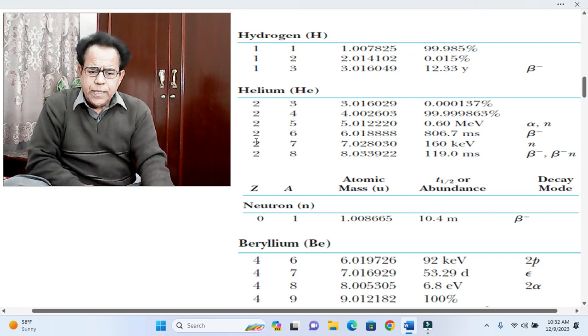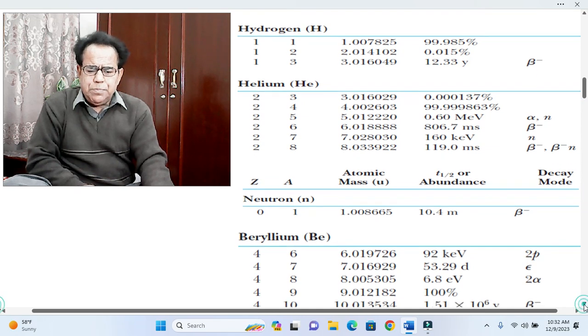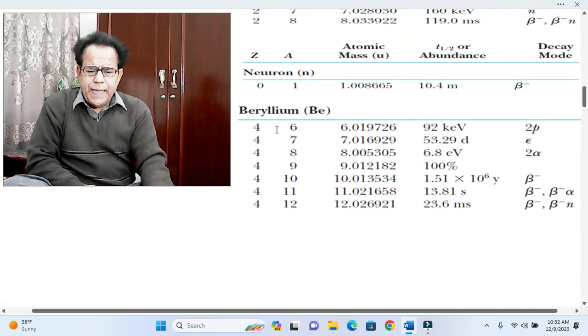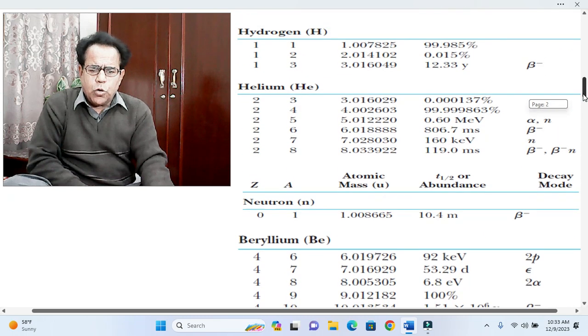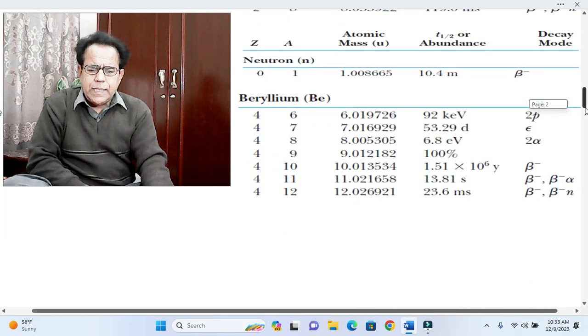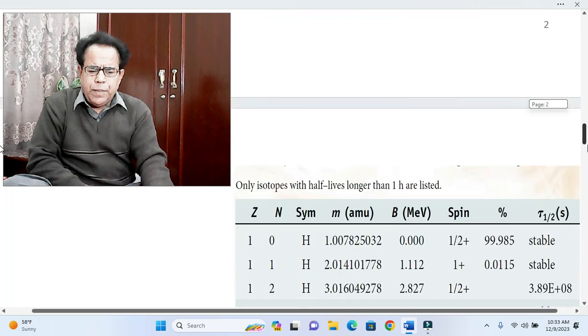Next, there is a difference in the number of neutrons, due to which the mass increases. And third, there is beryllium. We see that beryllium has atomic number Z equal to 4. So 1, 2, 4. These three are included in our problem.